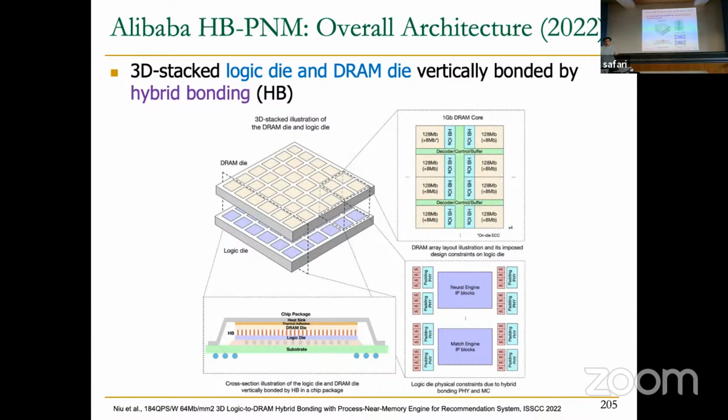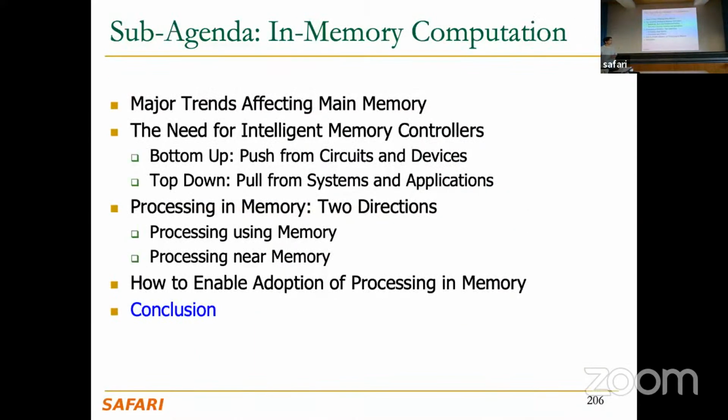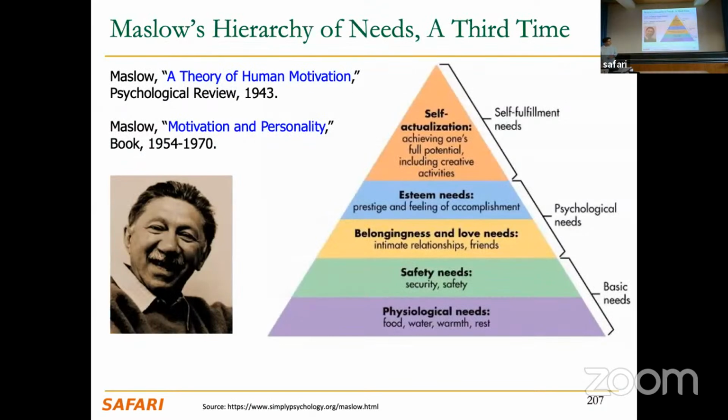So the truth is that even though there might be a mindset problem in industry and maybe even among people in academia, processing in memory is becoming a reality. We have access to real-world processing-in-memory systems, and we see many other companies prototyping and announcing their processing-in-memory systems.